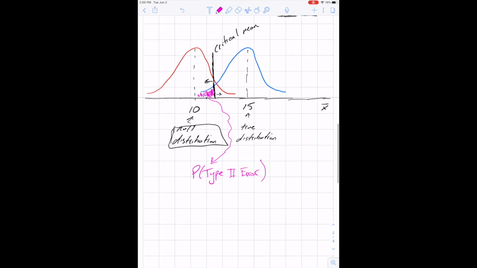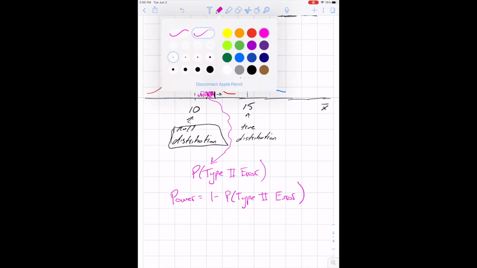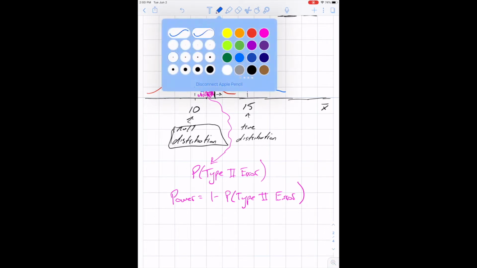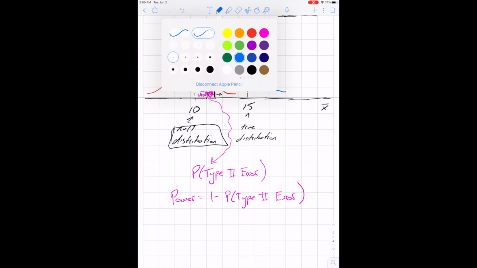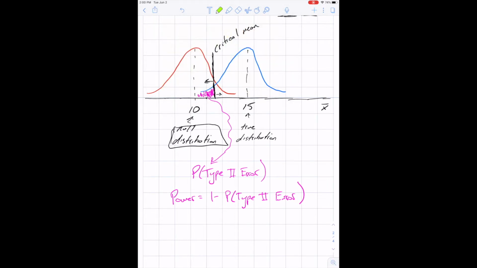Now we could calculate the power directly from this. Power equals 1 minus the probability of a type 2 error. Or from the graph, we can see, well, what's the opposite of that area? Let's do green. This over here represents the probability that we'll land to the right of the black line over here.